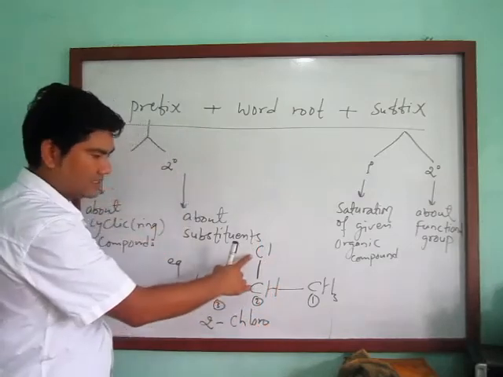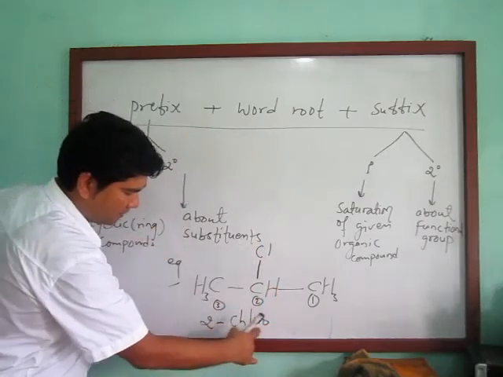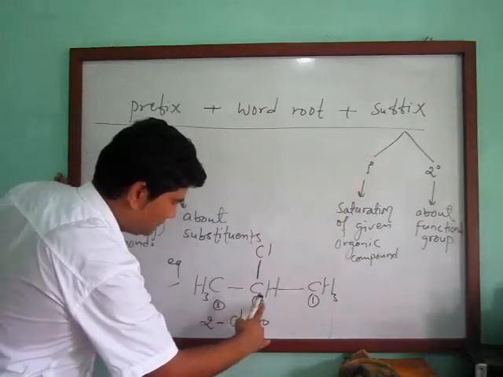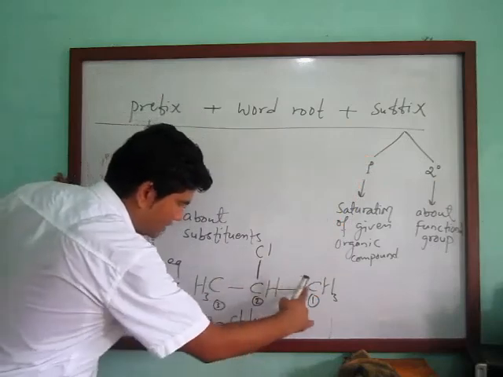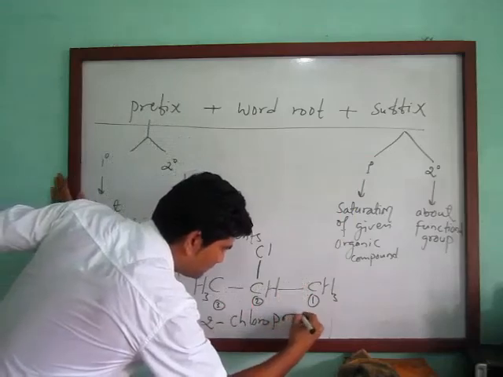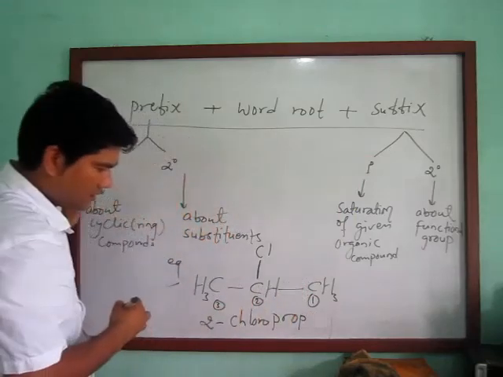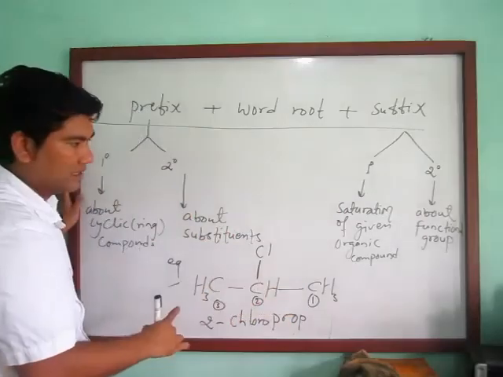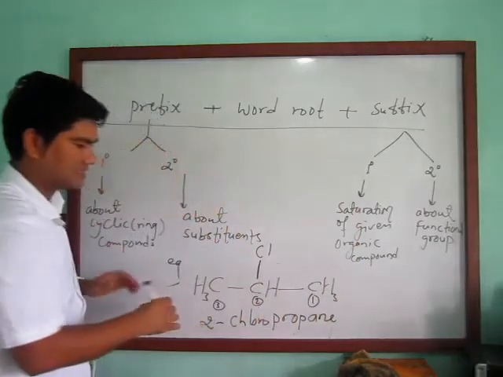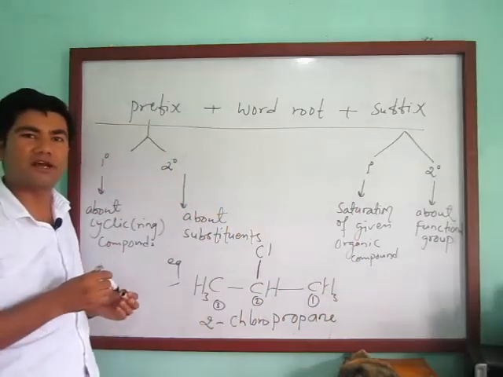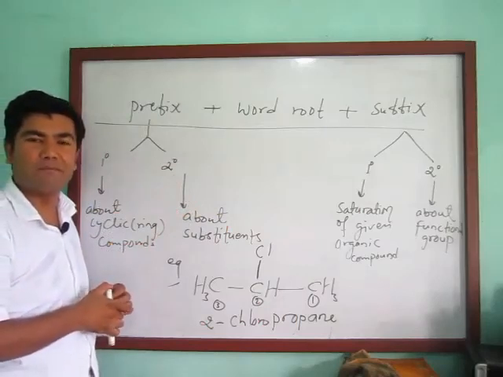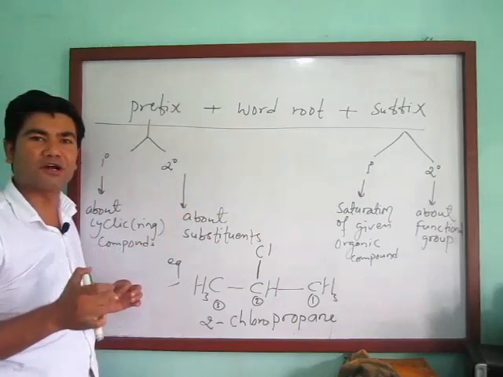Chloro is the prefix, and for the word root there is meth, eth, and prop, here for the three carbon atoms, and for the saturation we should use -ane because there is a single bond between carbon and carbon. This is the simple scheme to give the name of each of the given organic compounds.